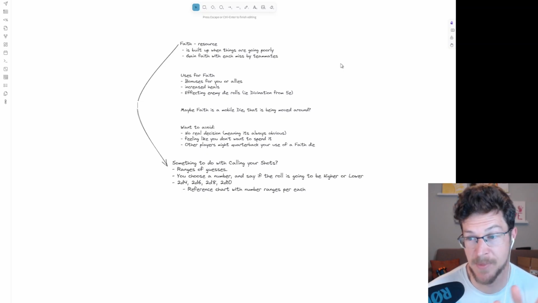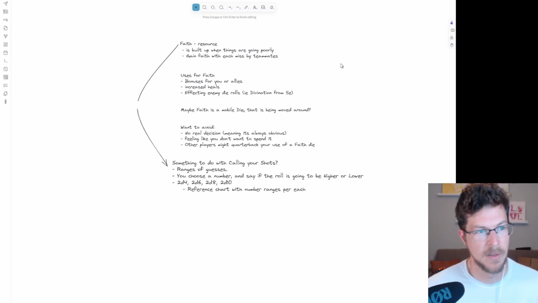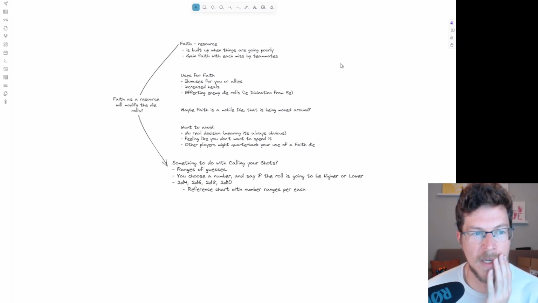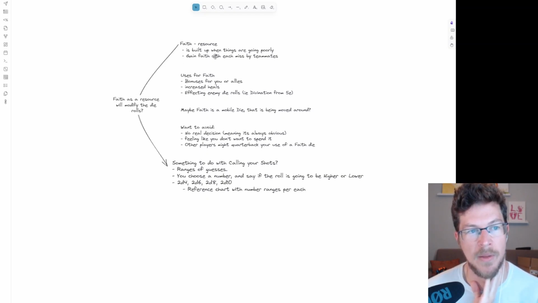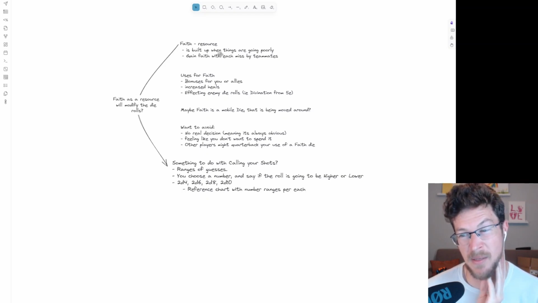So you can say, I think it's going to be Snake Eyes, and you've got 3 faith resources, so you can actually potentially modify the die to change it. So then faith as a resource will modify the die rolls, right? So then we have to think about how you build up faith. Maybe faith is built up with team misses, or maybe it's built up some other way.